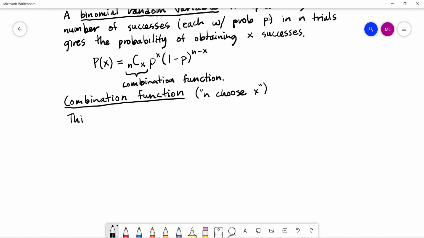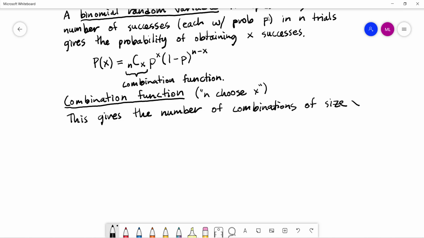This gives us the number of combinations of size x out of n total objects. The combination function is going to tell us the number of combinations that you can come up with of size x out of n total objects.